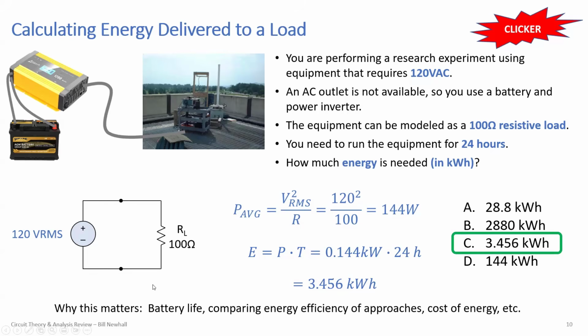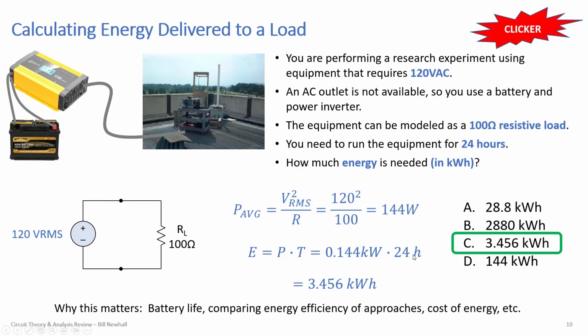Okay, so that's great. I made this up, but why does this matter? Well, you could imagine that you can convert the specifications for this battery into how much energy it has stored. And does this battery have enough capacity in energy to power this system for 24 hours, right? You can also compare energy efficiency of approaches, right?